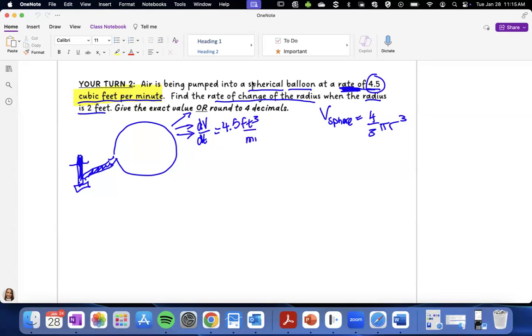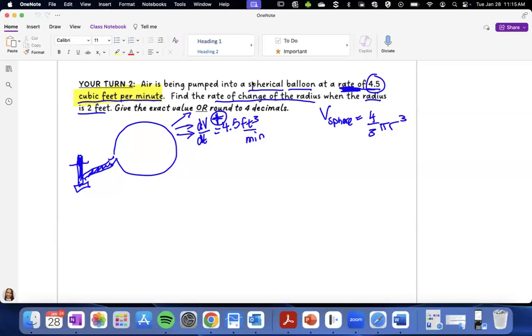Does that make sense? If you see squared feet per minute, what do you think that would be? Squared is area, right? I also know that my rate is positive because it's expanding.